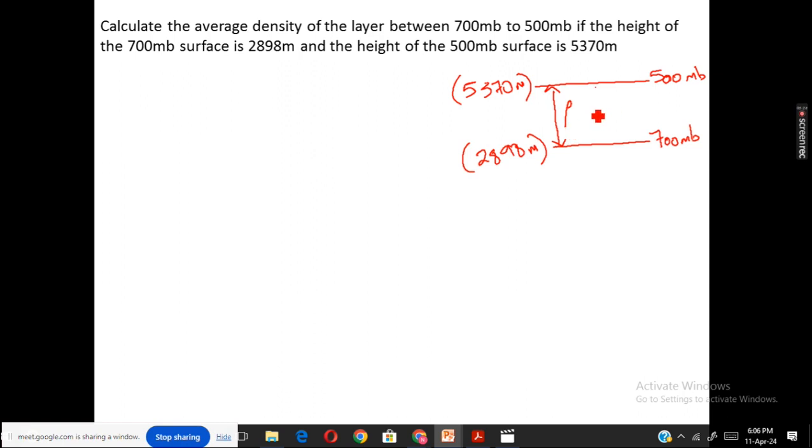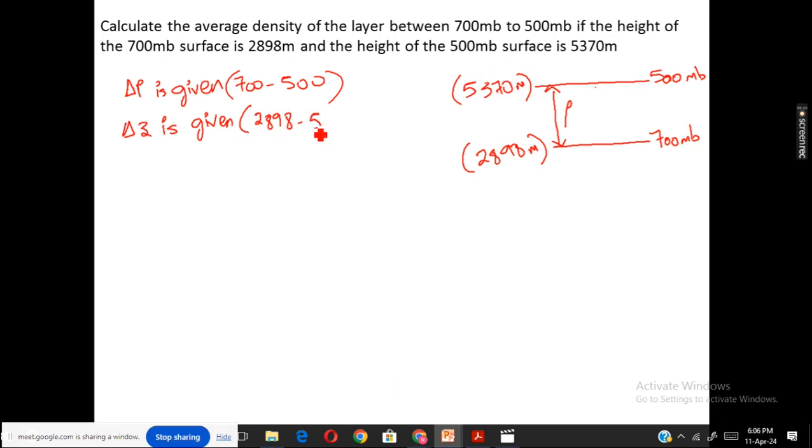So they want to calculate the density of the layer between these two pressure surfaces. Delta P is given, which is basically 700 minus 500. Then delta Z is given, the height corresponding to these pressure surfaces with respect to the mean sea level, which is basically 2898 minus 5370.